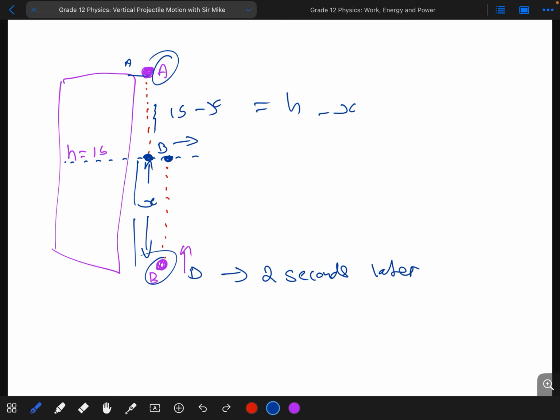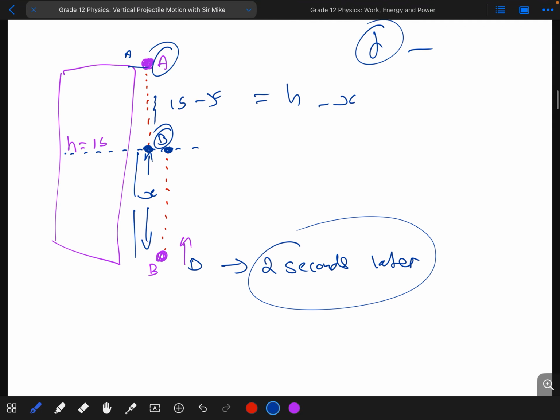But what I can do is let that time be T. So it took object B, to reach this point, the time taken by object A minus the lead time, which will simply be 2 seconds.